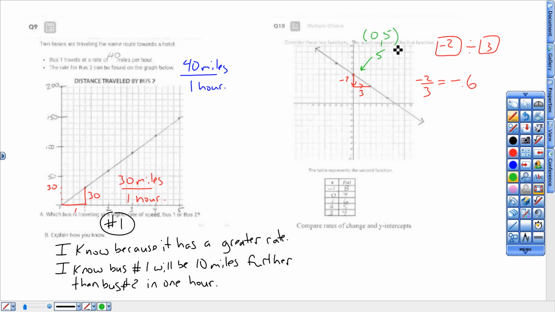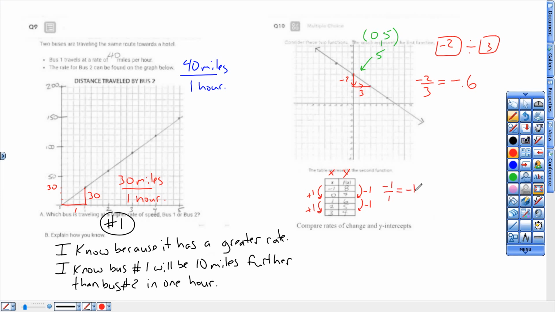All right, my table. This rate of change here, because x and y are on my table, this is going up by 1s, it says. So I could just focus on my y numbers here, which look like they're going down by 1. So if I put that together for this one slope, that's -1 over 1, or of course -1.